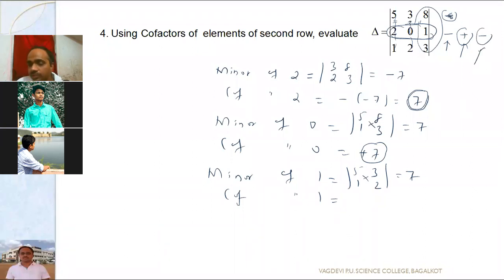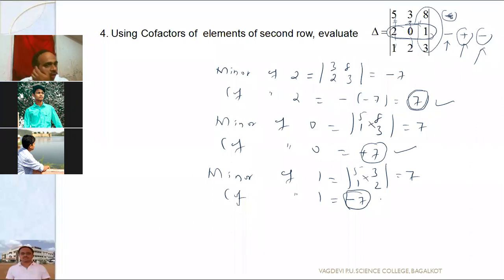So write minus 7. Correct? So the cofactor of 2 is 7, the cofactor of 0 is plus 7, the cofactor of 1 is minus 7.